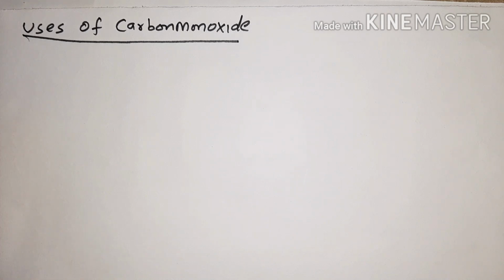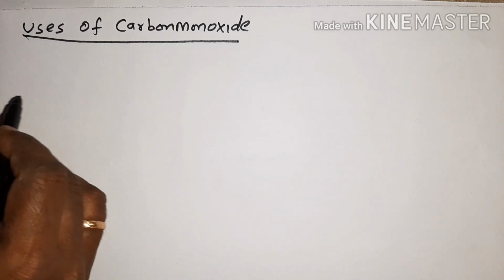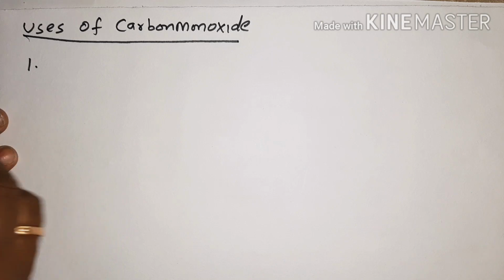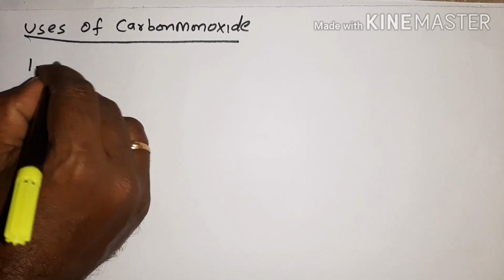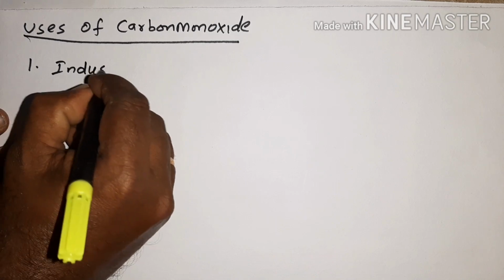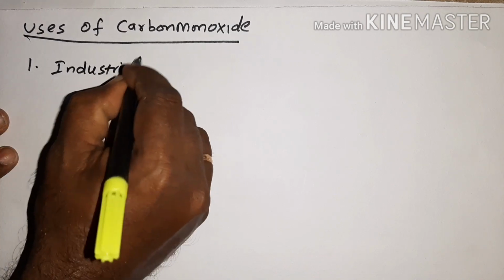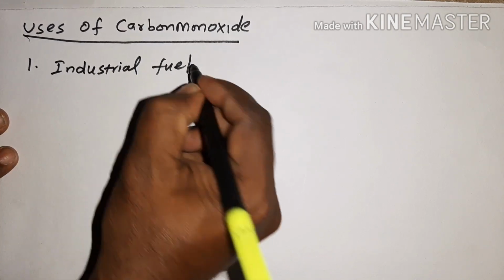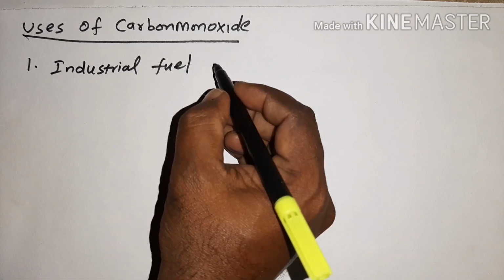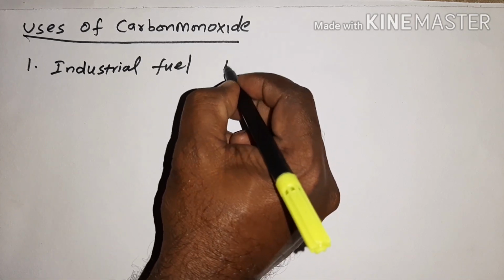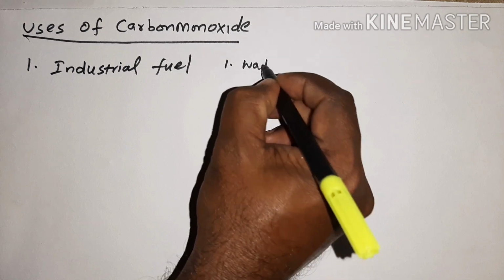So there are some uses of carbon monoxide we are going to see. First use, it is used as industrial fuel. That is, there are two important gases. One is water gas.